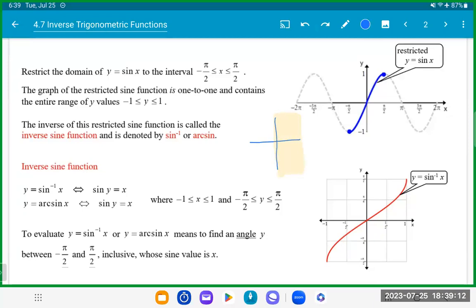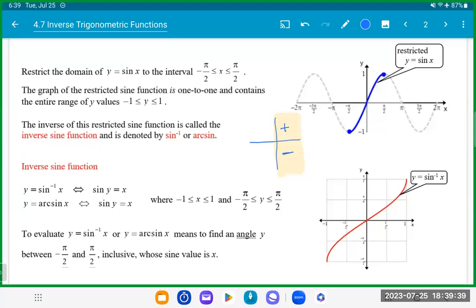That is because when we're doing inverses, and you know how we flip and swap the x and y values, we get into some trouble with things being undefined. So the domain is restricted from negative pi over 2 to pi over 2. If my inverse is negative, it's going to be in here, and if it's positive, it's going to be in here.